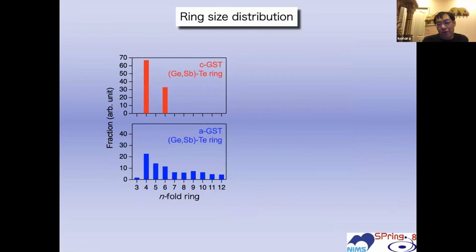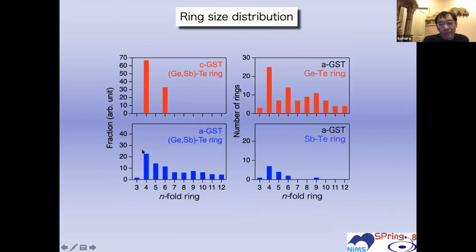And then we are back to ring size distribution. Of course, 4-fold ring is still dominant. And this is only germanium tellurium ring. And this is antimony tellurium ring.